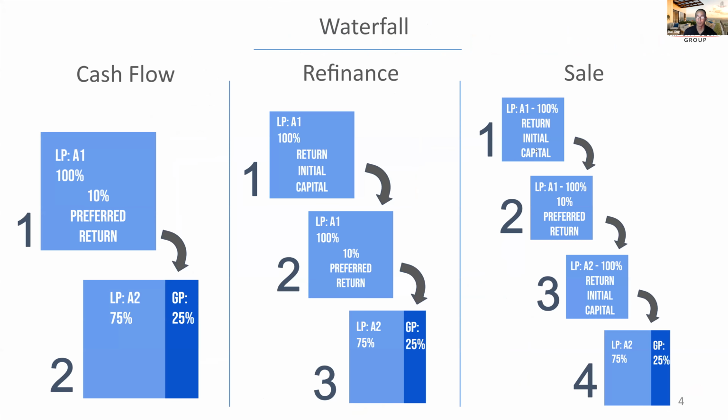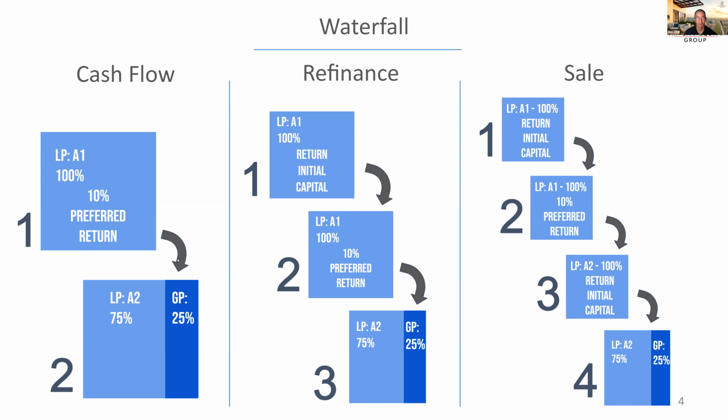Okay, so the waterfall. Assuming that same deal structure, say you have the cash flow waterfall, 100% to the A1 LPs until you meet that 10% preferred return hurdle. And then anything in excess of that will waterfall down to the next level.